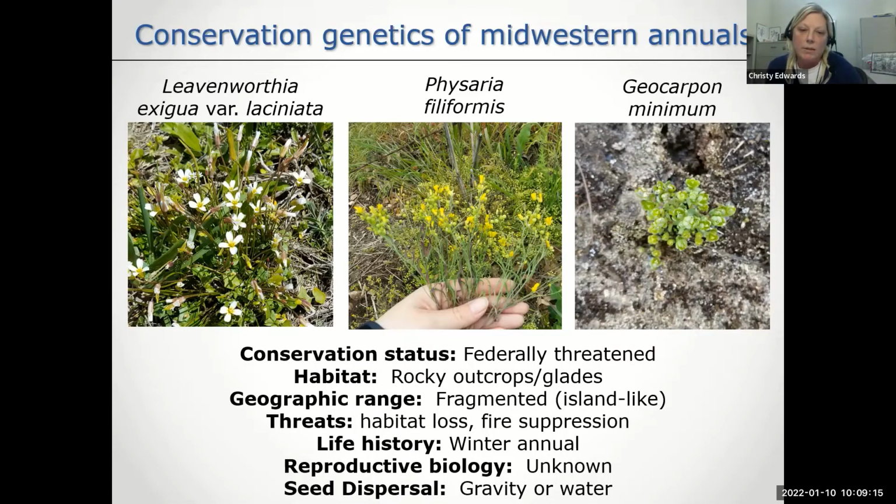All of these species are federally threatened, and they have a lot of similar aspects to their biology, in that they're all endemic to rock outcrops or glades in the Midwestern U.S. And because their natural habitat is fragmented, they have a naturally fragmented, island-like distribution, but they're threatened by habitat loss and fire suppression. And they're all winter annuals, and we didn't know the reproductive biology when we went into the studies, but we did know that their seeds were gravity or water dispersed.